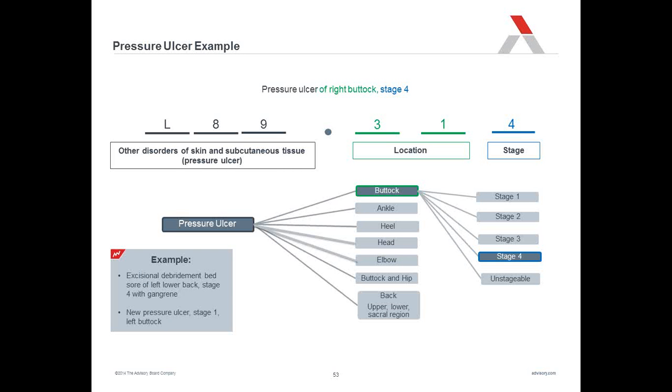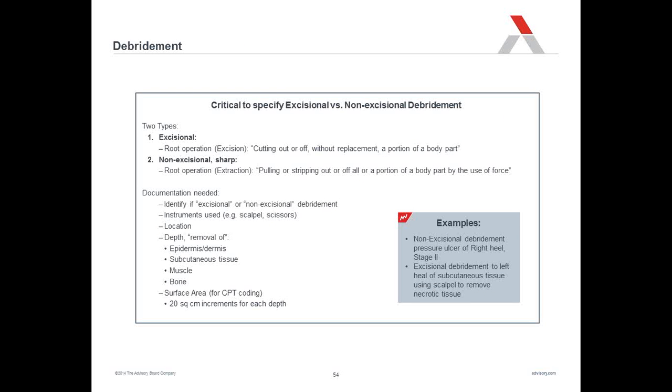Remember that excisional debridement is an important concept around ulcers, and that is a very important documentation concept to keep in mind. It's critical to specify whether a debridement is excisional or non-excisional. There are two types, and the definition of excisional debridement is cutting out or off, without replacement, a portion of the body part.